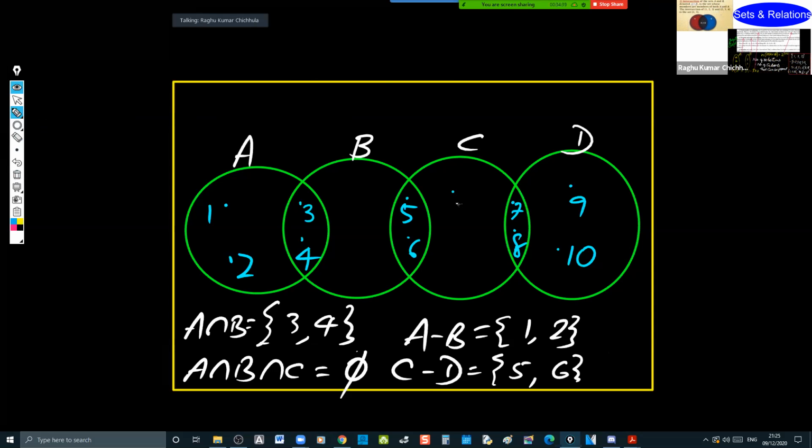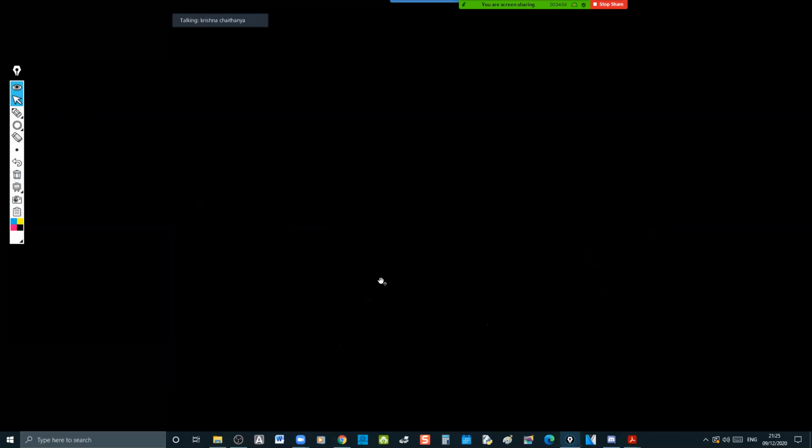That's good. The only B is B minus C, 3 and 4. You're right. It is comfortable for you to understand through the Venn diagrams.